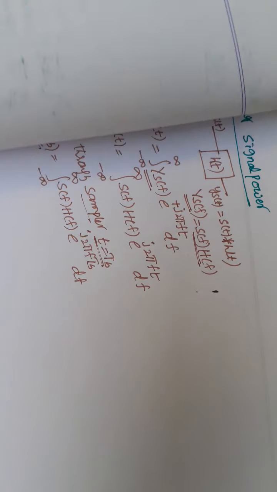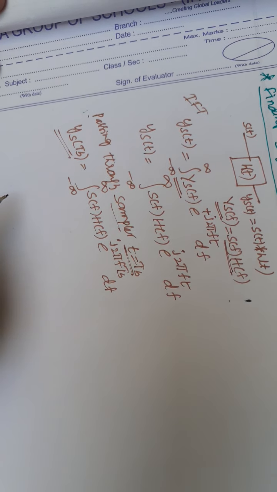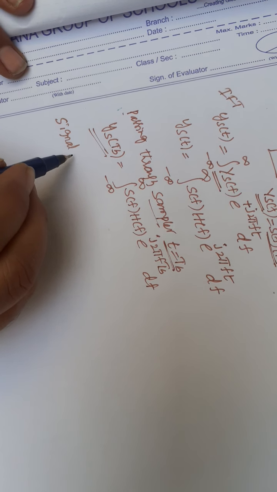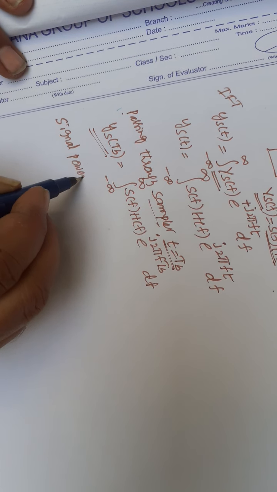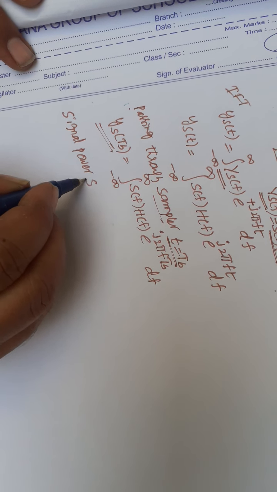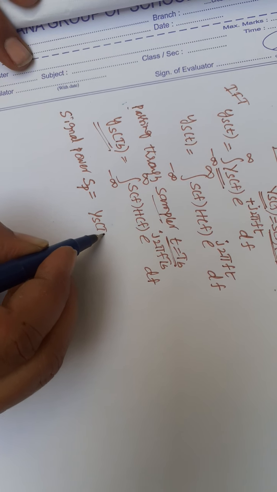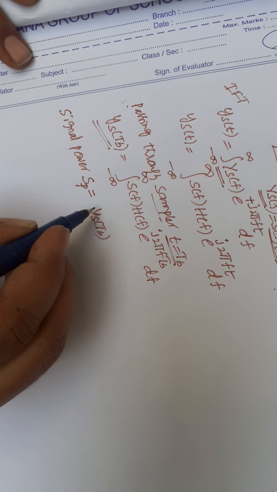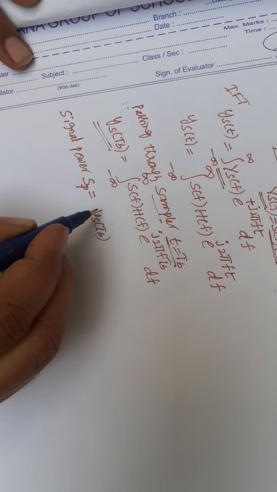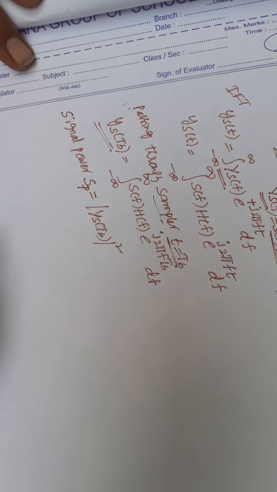The power of a DC signal is the signal squared. So I am writing here the signal power SP is equal to the modulus of ys(Tb) whole square, right?